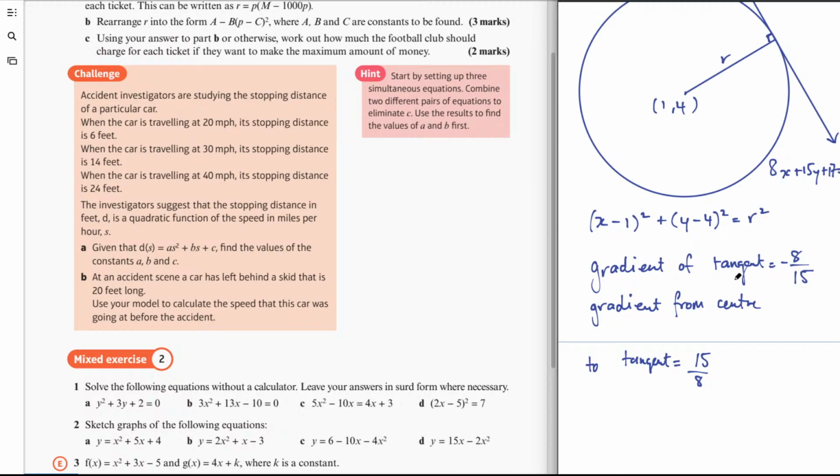That's the equation of the circle, but we don't know the radius.